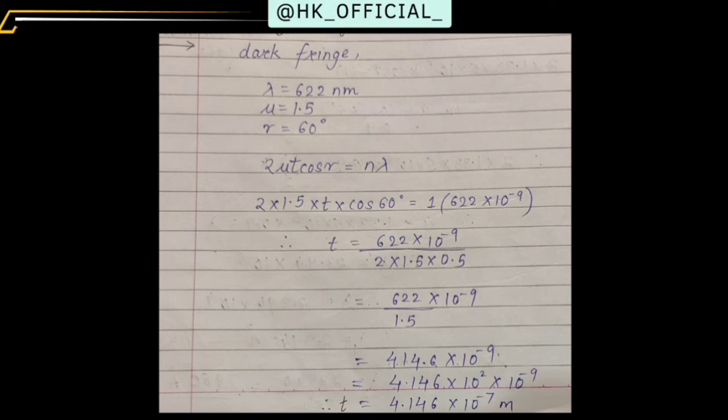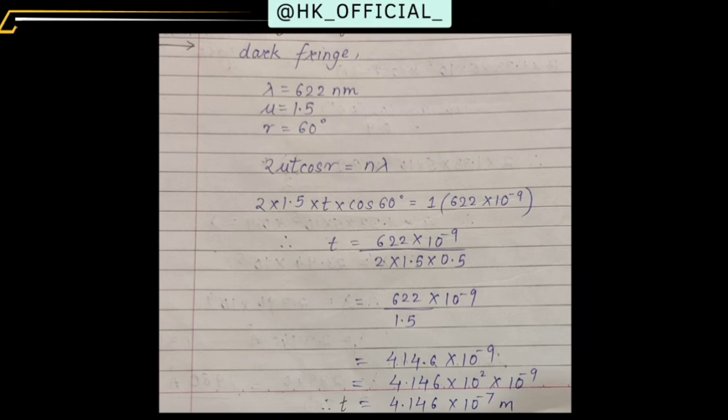Sometimes the question will come in the format of angle of incidence. But in our formula, that is 2 mu t cos r is equal to n lambda. Remember, this is the condition of minima in interference due to thin film. So this is the formula, in which we have cos r. We don't have cos i. So we cannot consider i also, right?